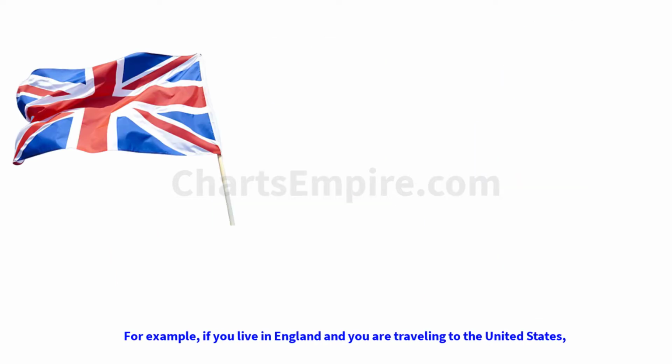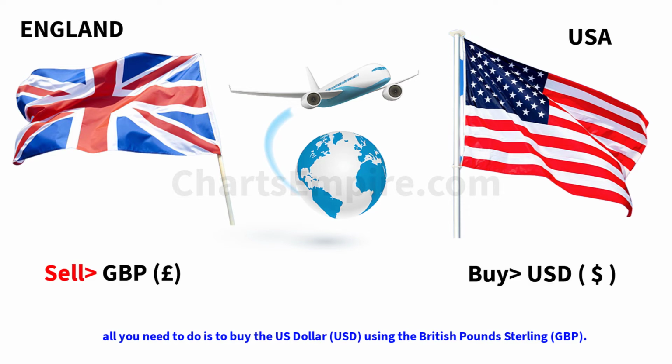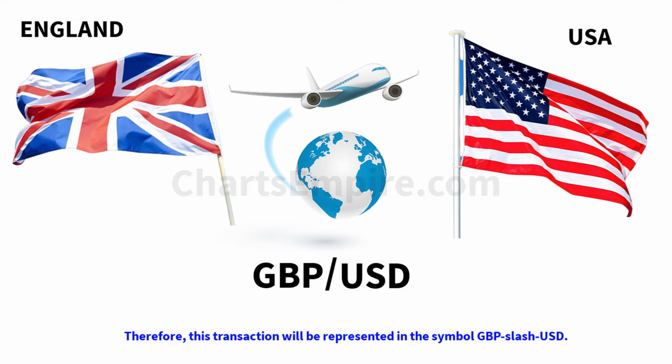For example, if you live in England and then you are traveling to the United States, all you need to do is to buy the US dollar, USD, using the British pound sterling, GBP. Therefore, this transaction will be represented in the symbol GBP/USD. This means you are exchanging your British pounds for American dollars.